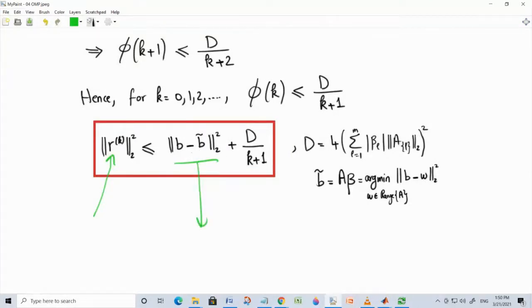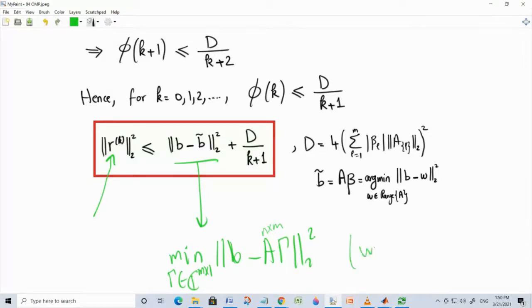And don't forget that this quantity here is the minimum of the squared L2 norm of b minus A gamma, where, if A is n by m, gamma is m by 1. And here we are using all columns of A.